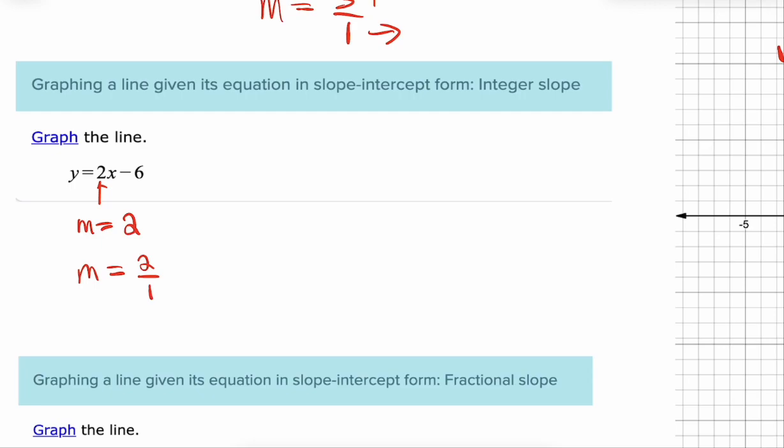So you have a rise and a run. If you don't see that 1, some people will go, well, what do I do for that? Just put it over 1. In this case, our y-intercept is -6, or that is the point (0, -6). So it's the same procedure that we've done before.